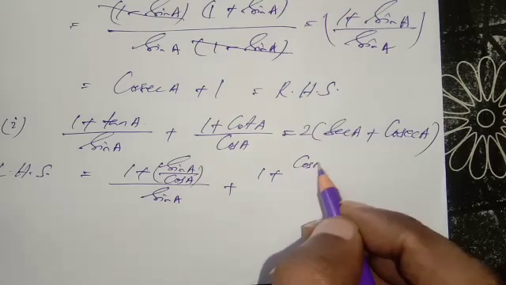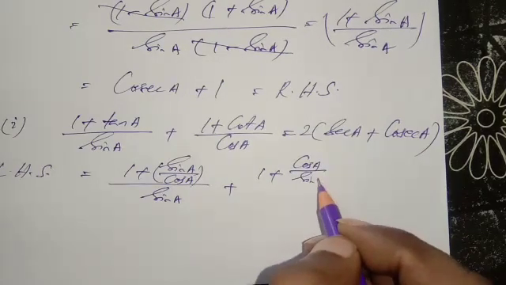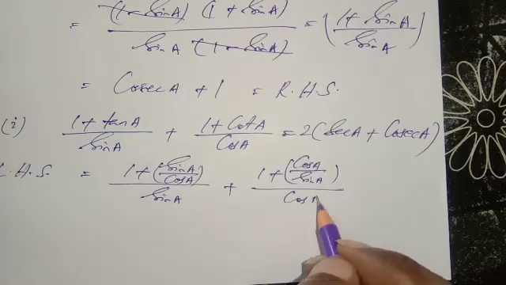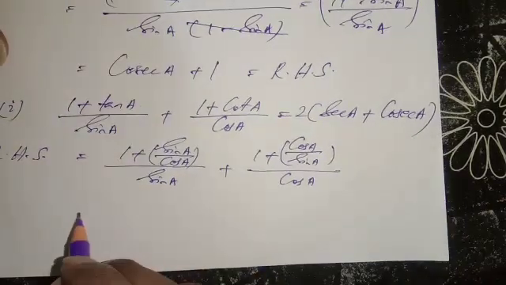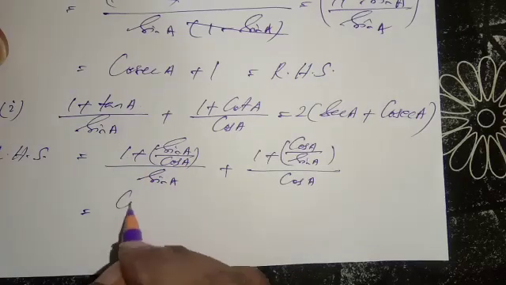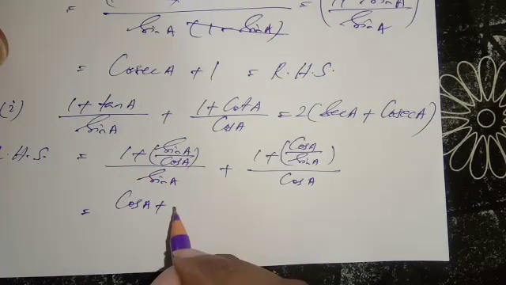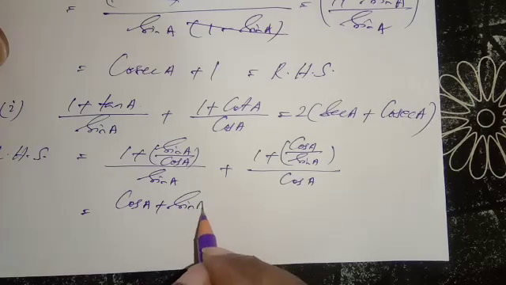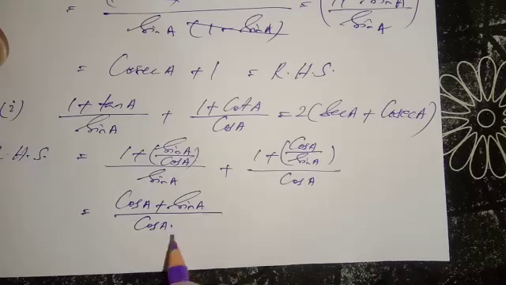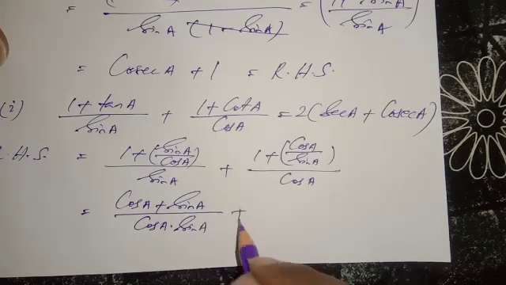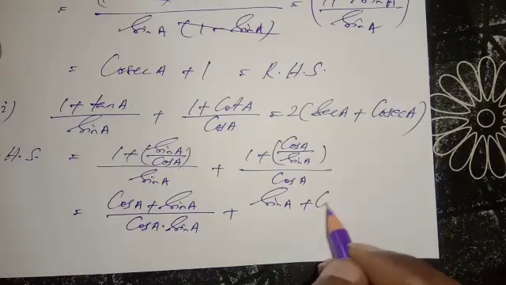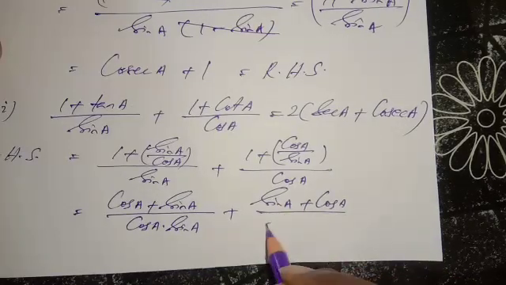Cos A by sin A, divided by cos A. Now after taking LCM, this will be cos A plus sin A by cos A sin A, plus sin A plus cos A by sin A into cos A.